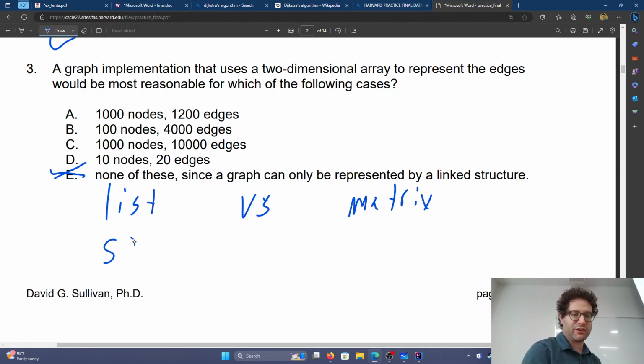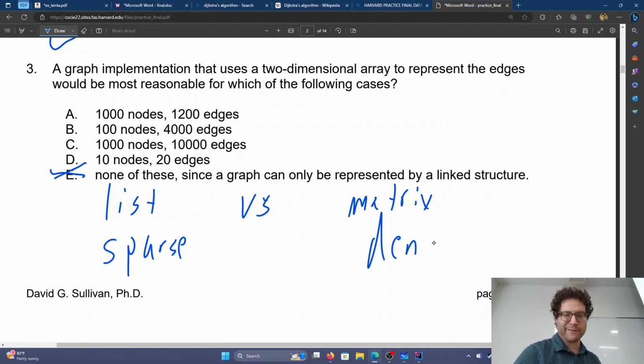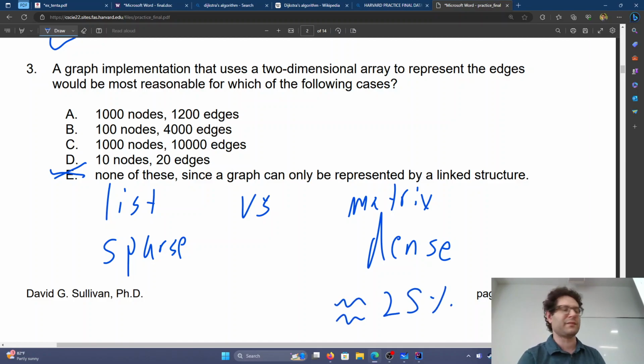And it depends on whether it's a sparse or a dense graph. And how do we define dense? Dense means approximately 25% of all possible edges exist.